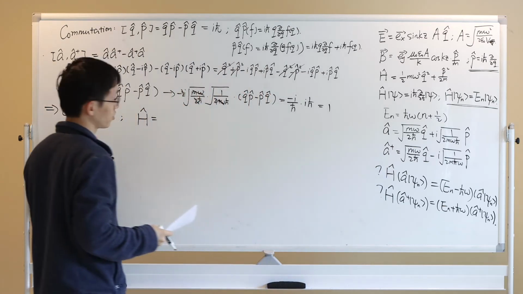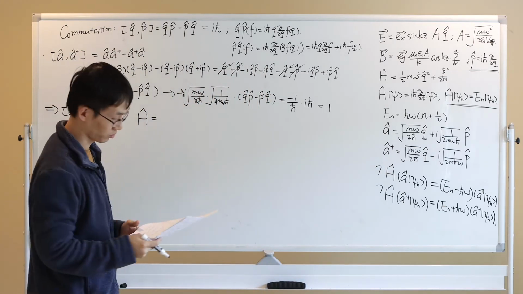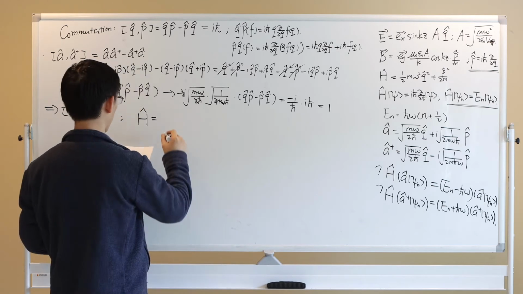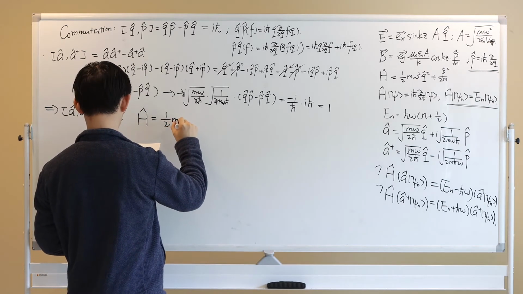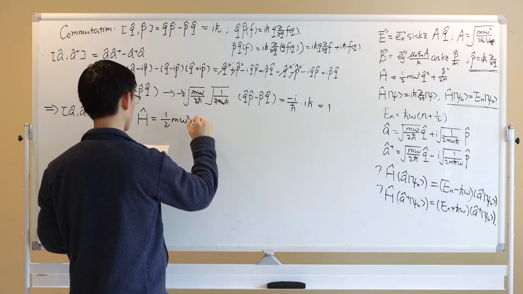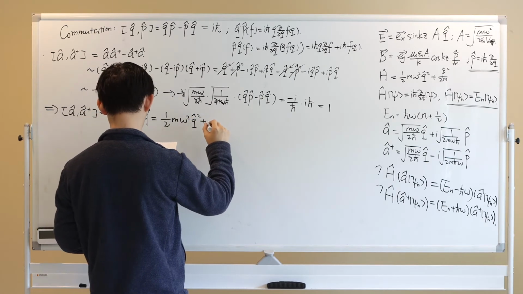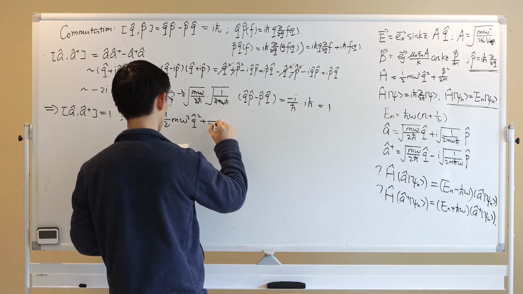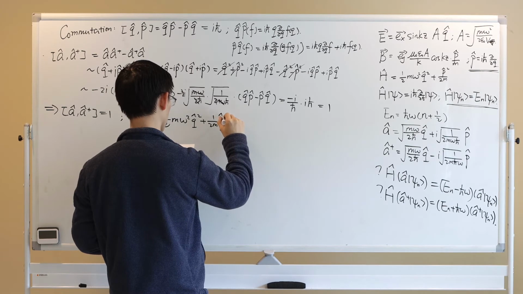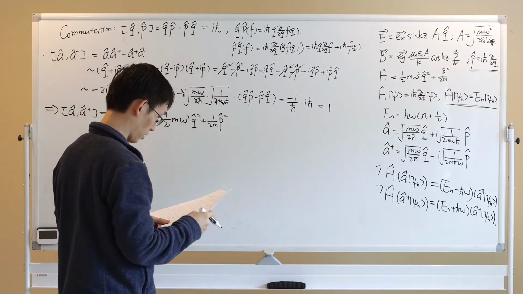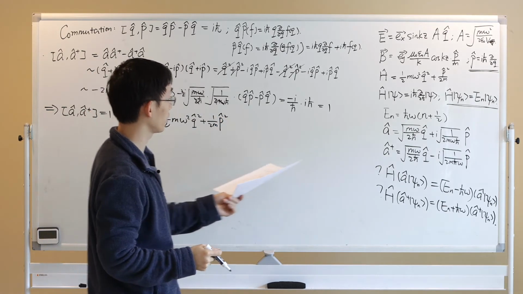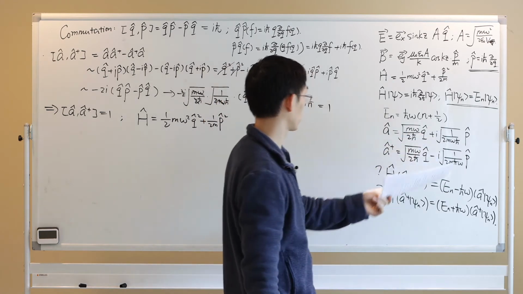Then you can use the commutation relation to get the number you want. And you can plug in what Q and P are.